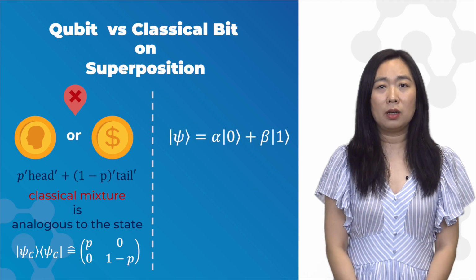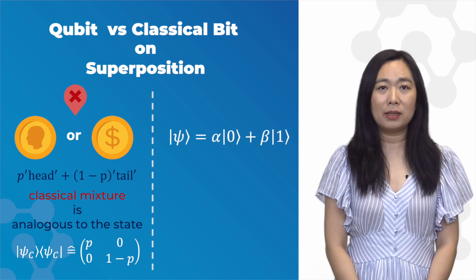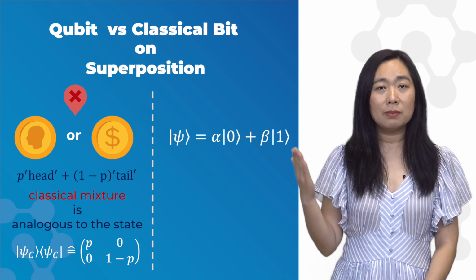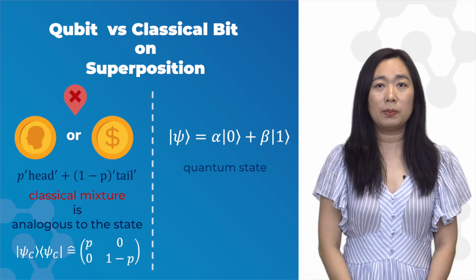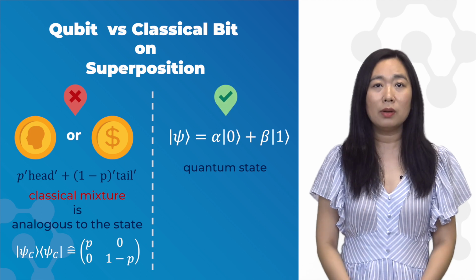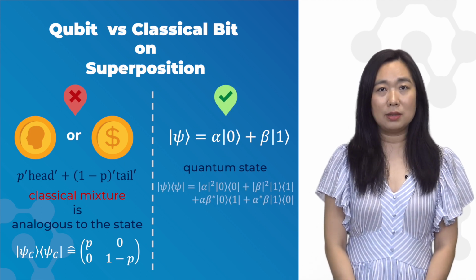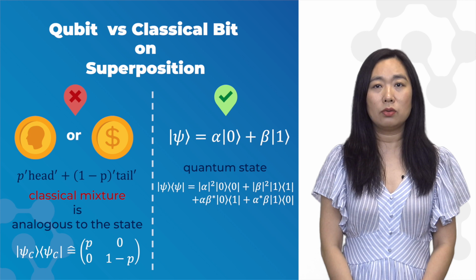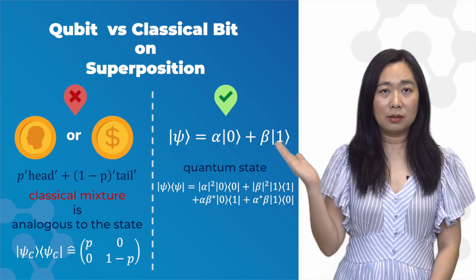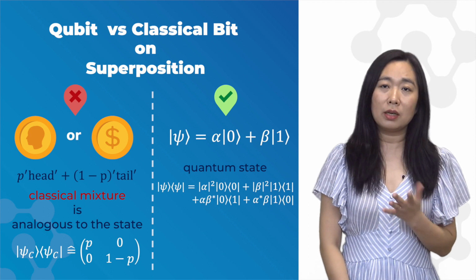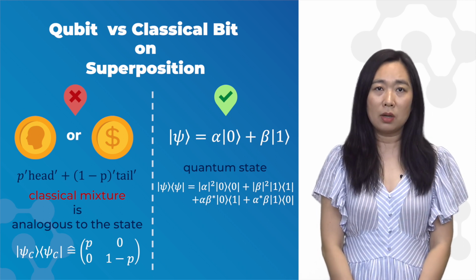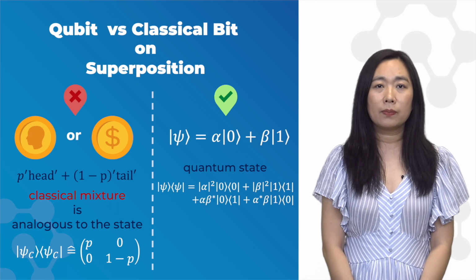By contrast, a superposition state has a much richer structure. Before measurement, a qubit can be represented by the state alpha times 0 plus beta times 1, which is a superposition state between 0 and 1. Its density operator is represented by the equation here, which has 4 terms instead of only 2 terms for the previous case.